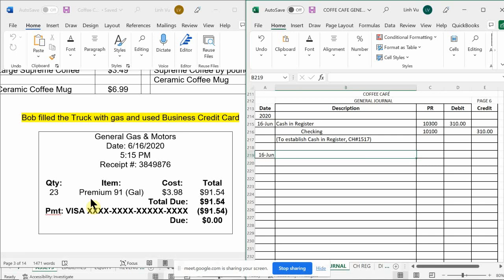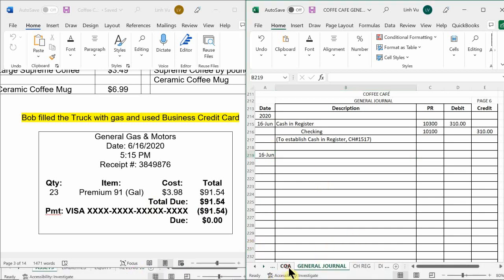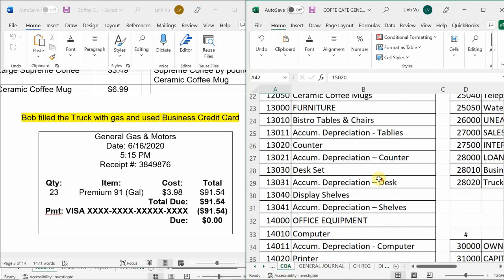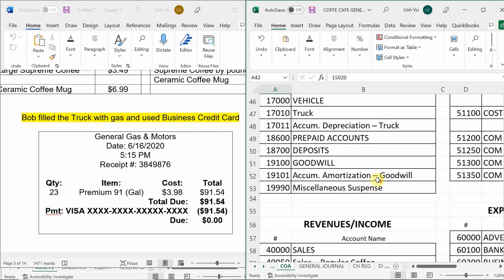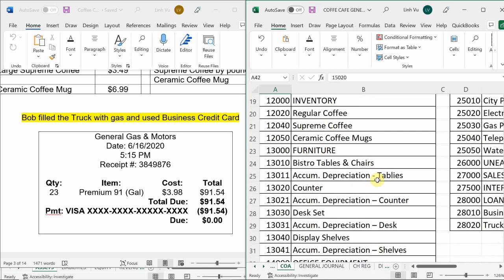We bought gas. Okay, so let's take a look at my chart of accounts. Now, gas. Is this something that we own or is this something that we're going to use? I mean, it's something that we're going to use. Correct. So what do we call those things that we use?